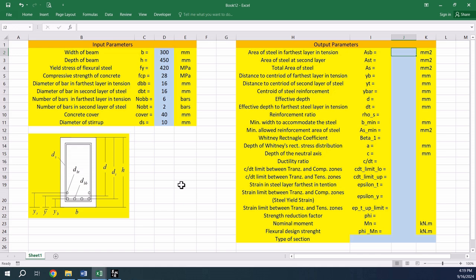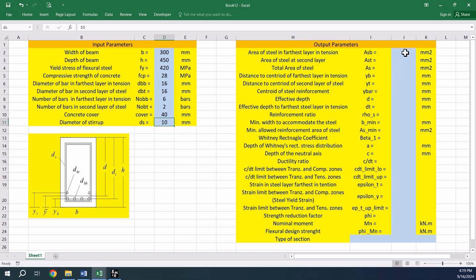Let's revise the input parameters and their assigned names so far. These are B, small letter h, fy, fc', dbb, dbt, nobb, nobt, cover, and ds. These were our input parameters and their assigned names.